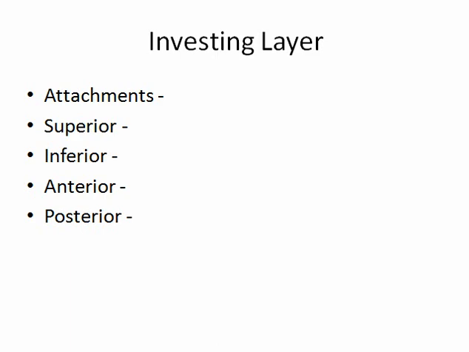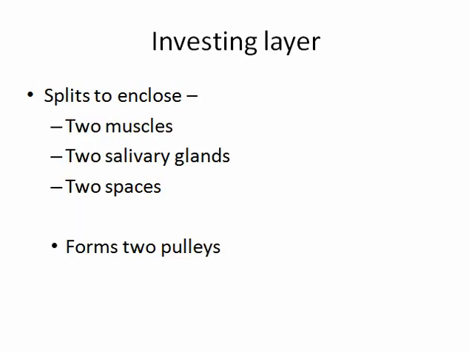Investing layer of deep cervical fascia, attachments we have seen: superior, inferior, anterior and posterior. Now this investing layer of deep cervical fascia splits to enclose two muscles, two salivary glands and two spaces. Which two muscles are enclosed?